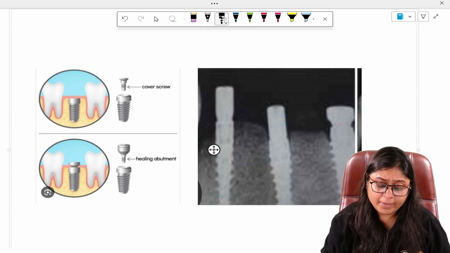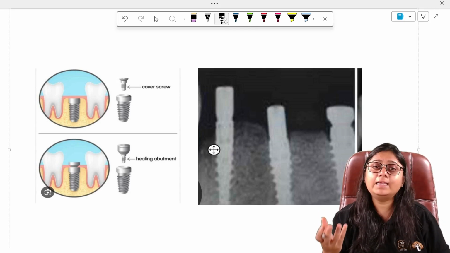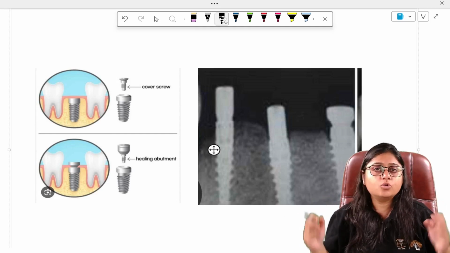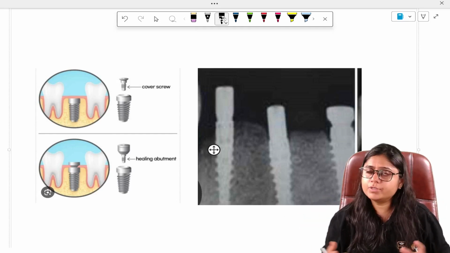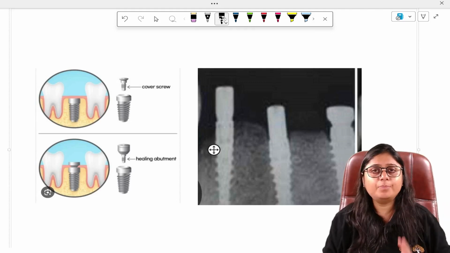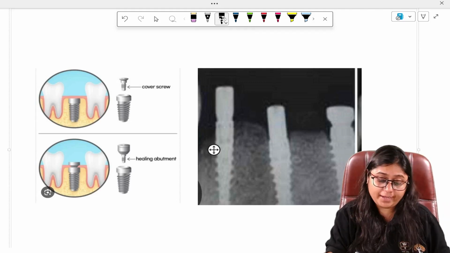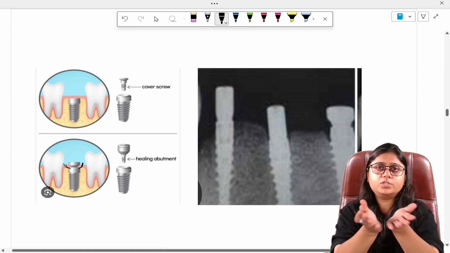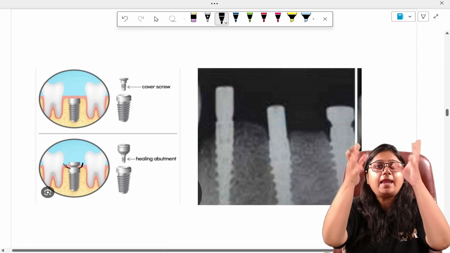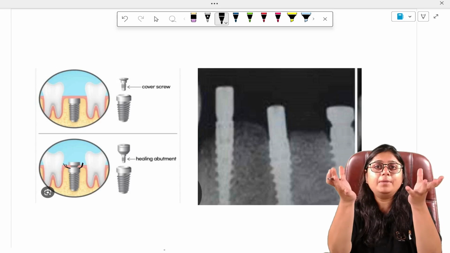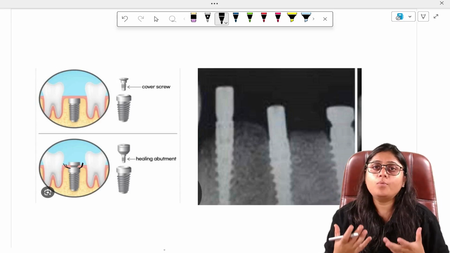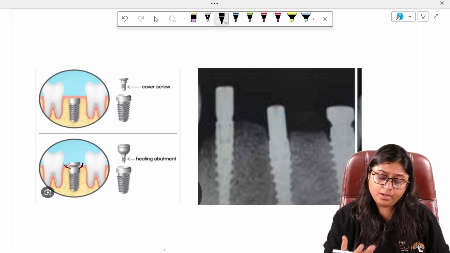Now in a healing abutment or a healing cap, the healing cap helps in the formation of the contour of the gingiva. So whether I am planning a two-stage or a single-stage surgery, I can place a healing abutment, and that will help in contouring of the gingiva, so that the teeth can accurately come in that contour. And this is what is called biomimetic preparation.